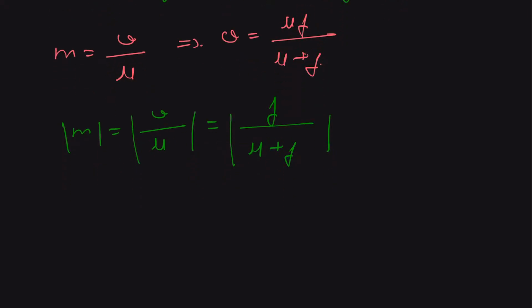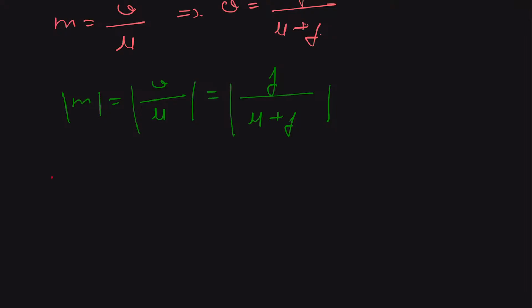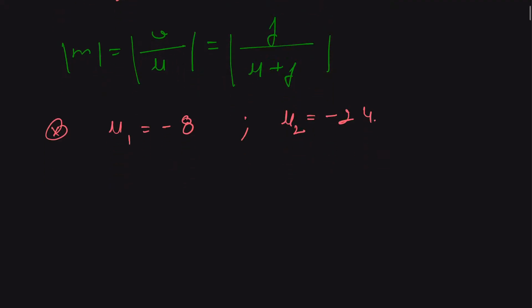And we are given 2 positions of the objects. So let us suppose for the first case we call this as u1, that will be equal to minus 8, and second case let us call this as u2, that will be equal to minus 24. And we are given that for the first case, let us suppose the magnification is m1.